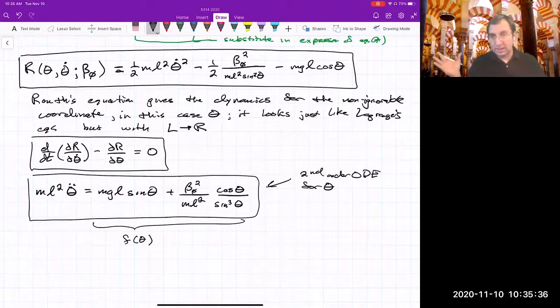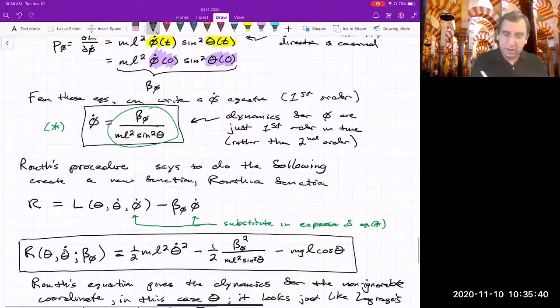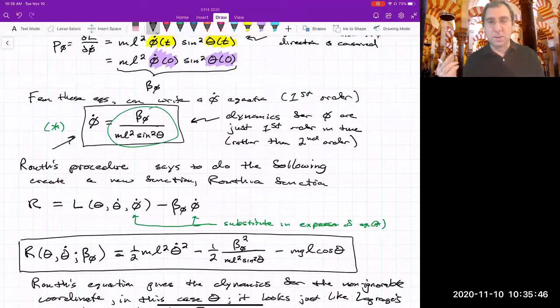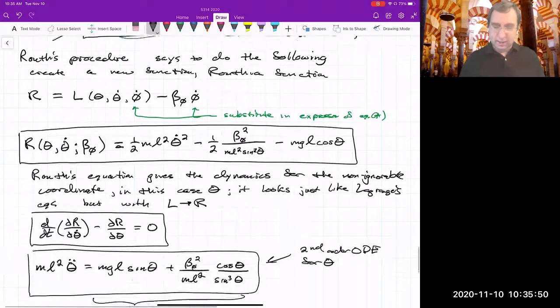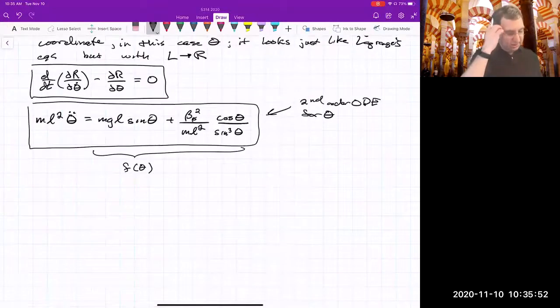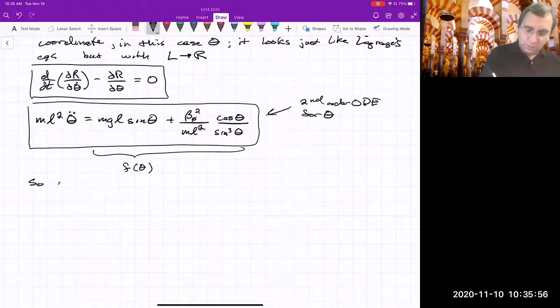So it's like we've got a second order ODE just in terms of theta. If we wanted to reconstruct, we can call this star equation the reconstruction equation if you want, and you could reconstruct what the phi dynamics were. But in some sense, they were ignorable to get at the larger scale dynamics.